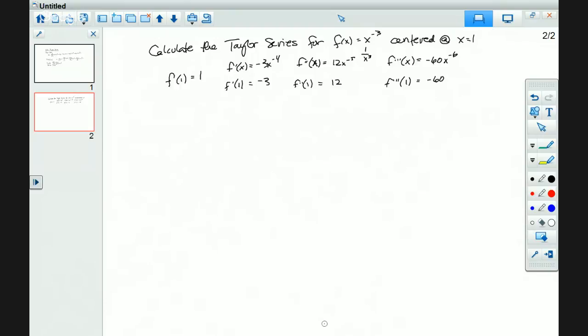So what's our Taylor series? 1 minus 3 times x minus 1. If you want to be consistent, you can put a 1 factorial at the bottom.